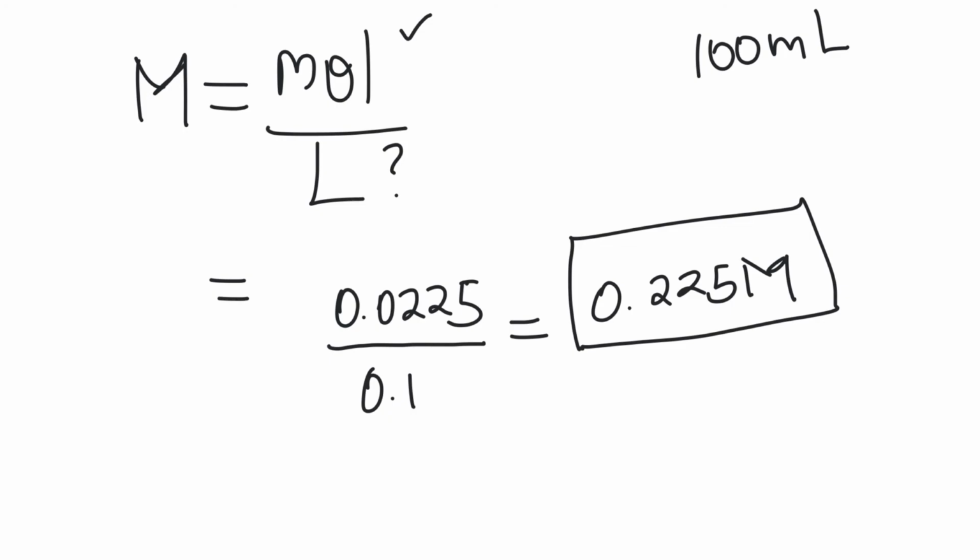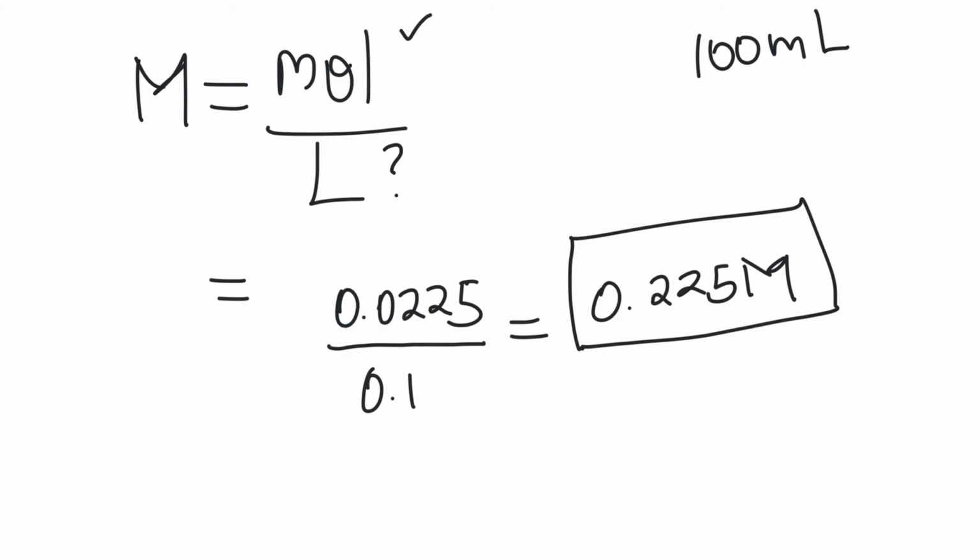Look at the number we got. We got 0.225 molar. Compare that number to the molarity of your hydrochloric acid, which was 0.5 molar. Now, if you were to do some quick math, you will notice that the answer we got is a lot less compared to the original molarity.